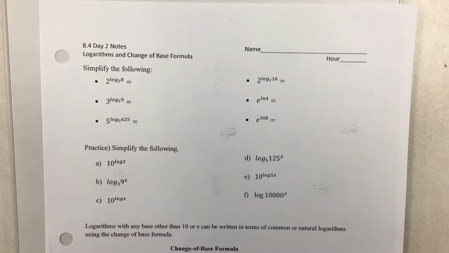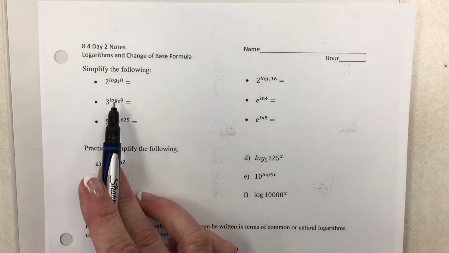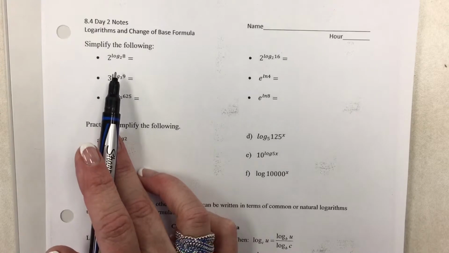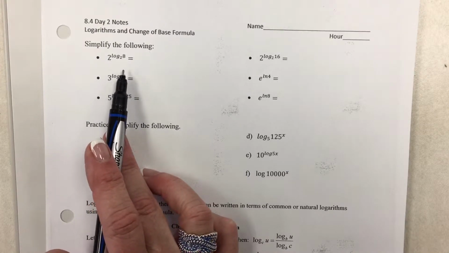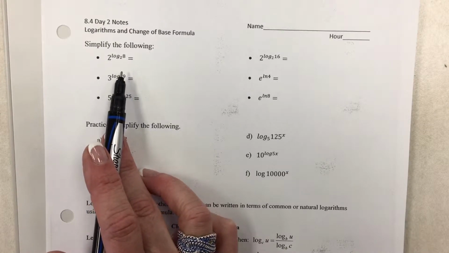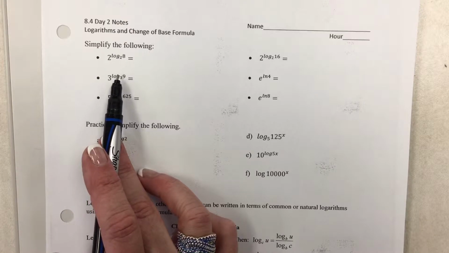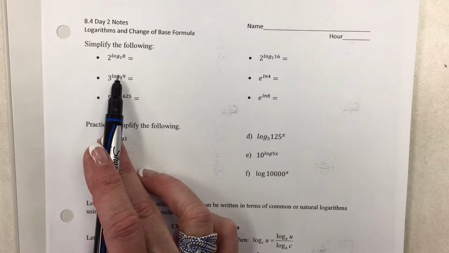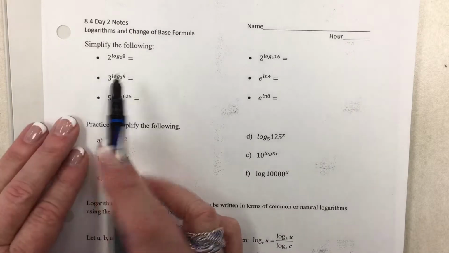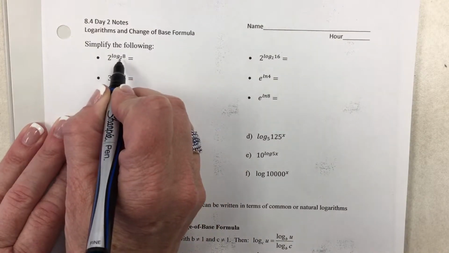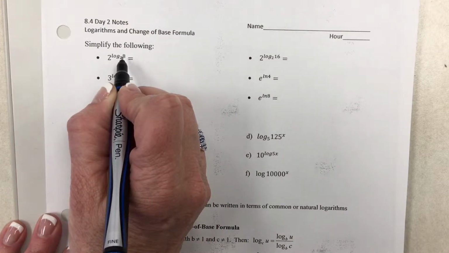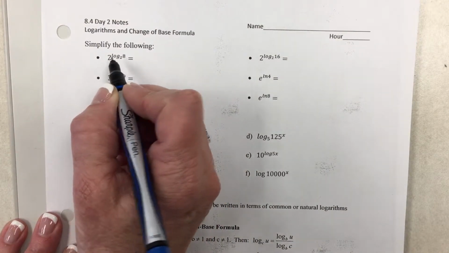So the first thing we have to know is if I'm to simplify 2 raised to the log base 2 of 8, first thing you need to realize is that a logarithm can be written as an exponent. So the exponent is log base 2 of 8. I know it looks nuts, but it's legit.